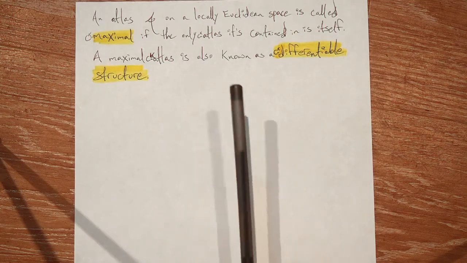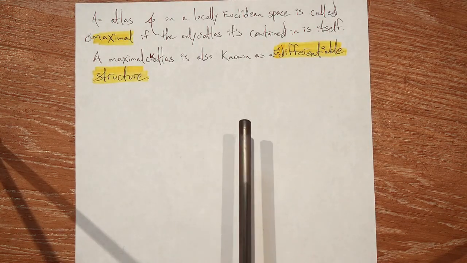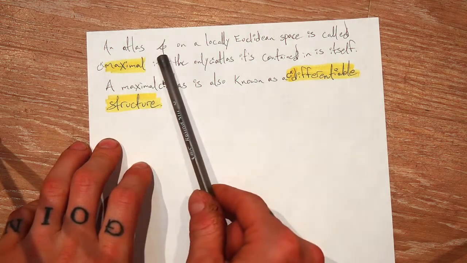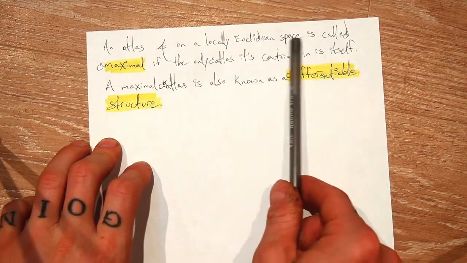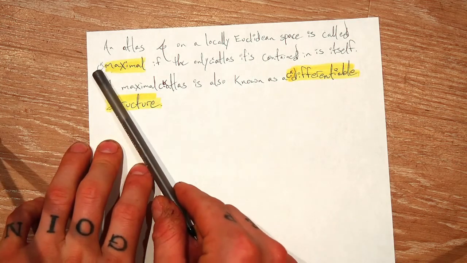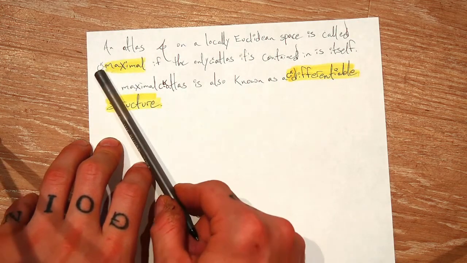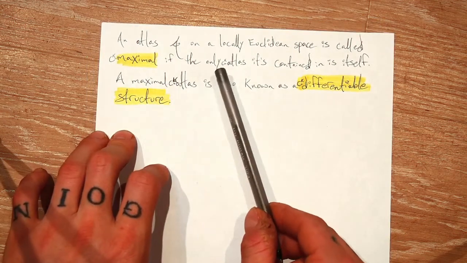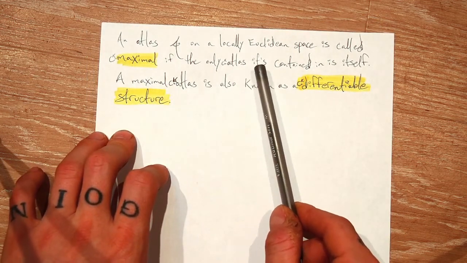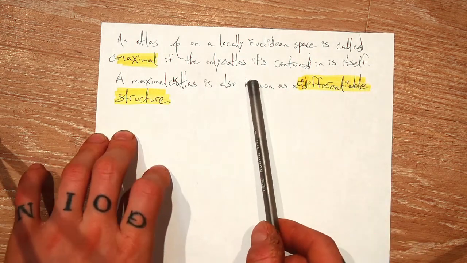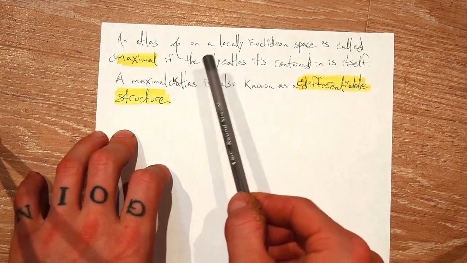Now, there's a special kind of atlas that is of particular importance for smooth manifolds. So if we have an atlas, fancy A, on some locally Euclidean space, we call it C^k maximal, or maximal for short. We're going to be dropping all this C^k business very shortly. It's maximal if the only C^k atlas it's contained in is itself. And that's just set containment, right? An atlas is a set of charts.